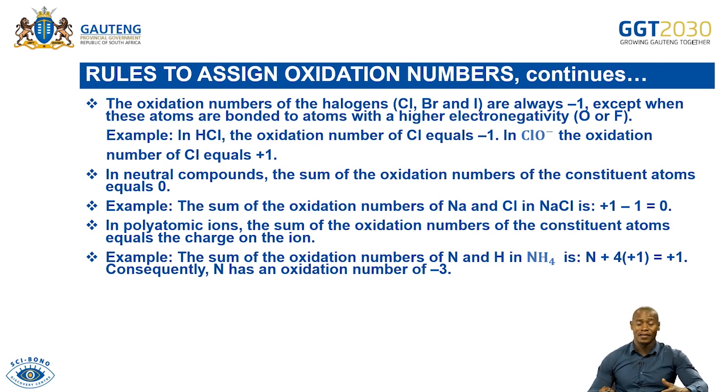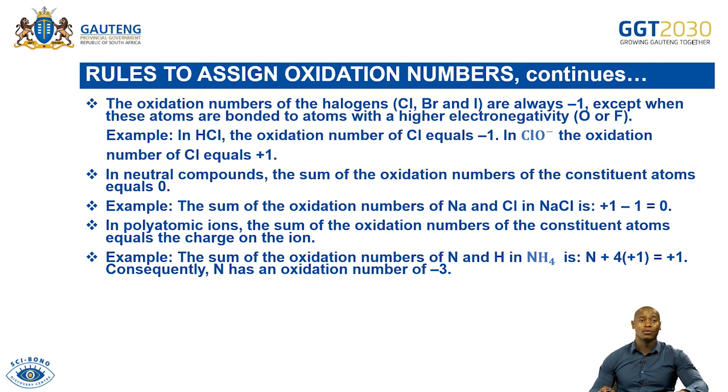It only differs when they are bonded to atoms with higher electronegativity. So these are some of the rules. Let's continue again with the rules. You need to remember these rules, learners, so that you'll be able to assign oxidation numbers correctly to those atoms.